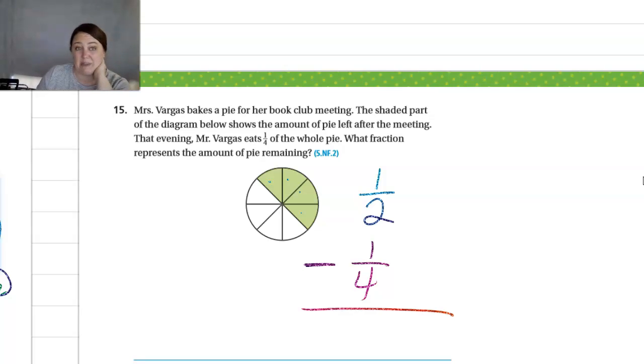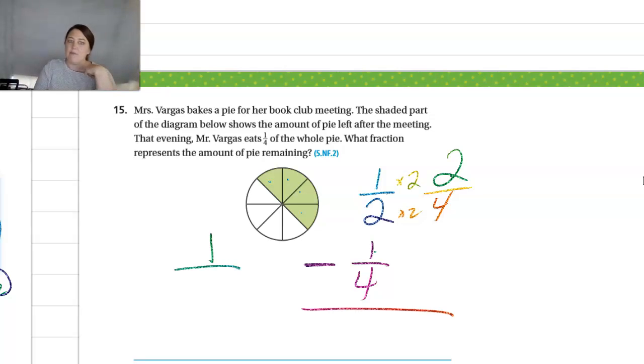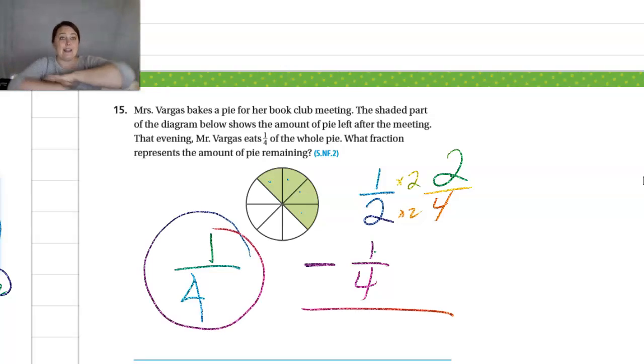Now I have to find a common denominator. 4 is a pretty good one. 2 times 2 is 4. Whatever I do to the bottom, I must do to the top. 1 times 2 is 2. Now I can subtract. 2 minus 1 is 1. My denominator does not change unless I'm multiplying. Because my answer has a 1 in it, it's simplified.